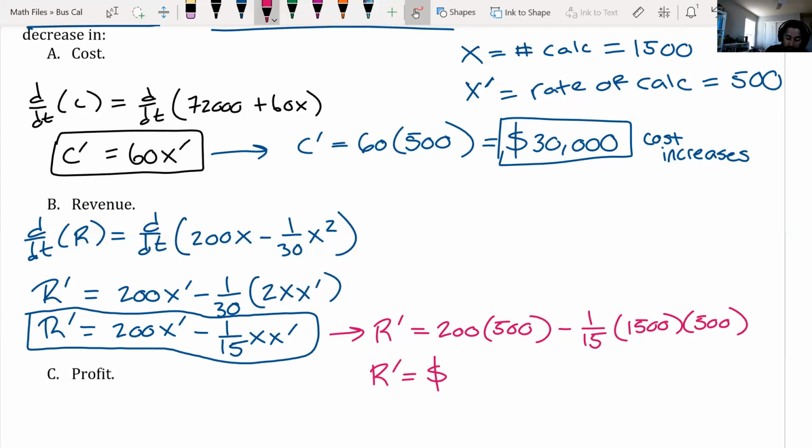And if I do that, I'll get 200 times 500 minus 1 over 15 times 1,500 times 500. And we're going to get $50,000. So what this means is that if we are producing 500 calculators per week, then our revenue will increase.